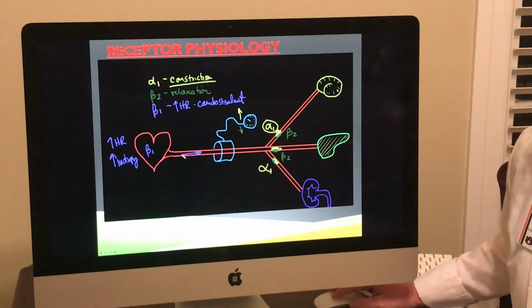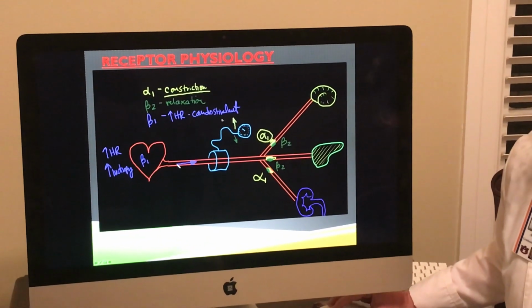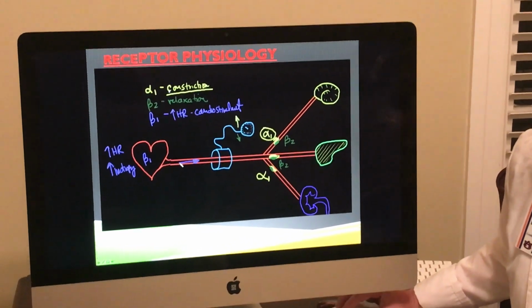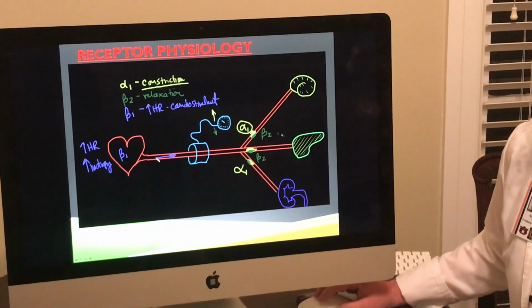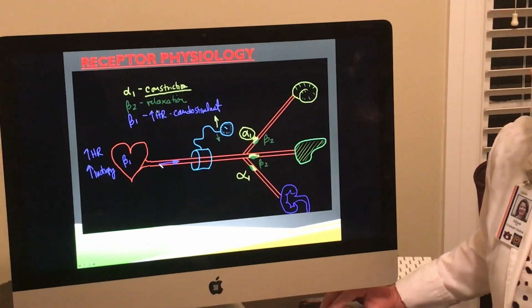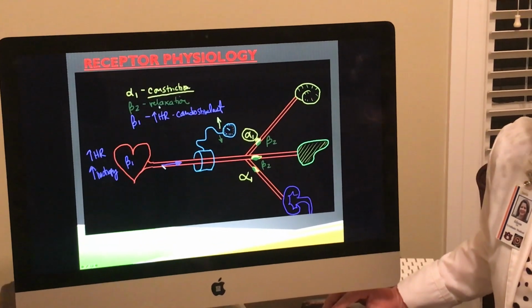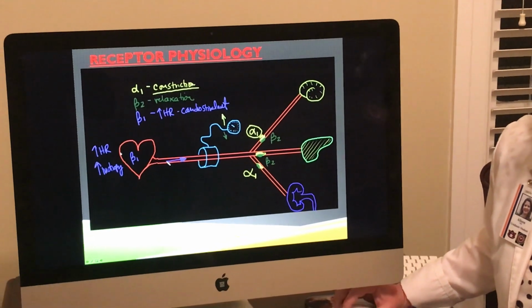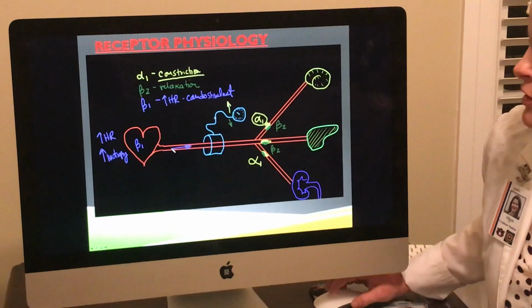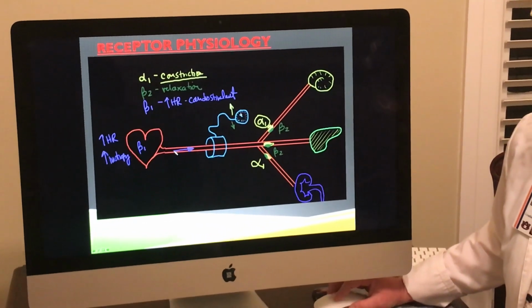We do not want more blood going to the brain, or more blood going to the liver, or more blood going to the heart. So we have alpha-1 adrenergic receptors, and they act on constriction. Then we have beta-2, which act as relaxation, and then we have beta-1, which will increase heart rate, which is your inotropic effect.